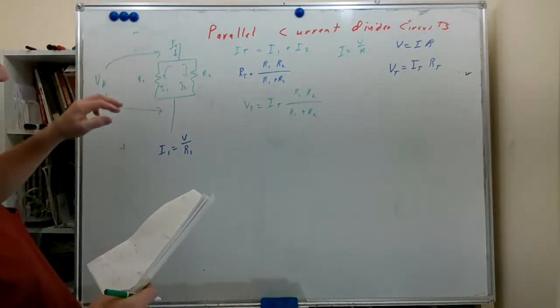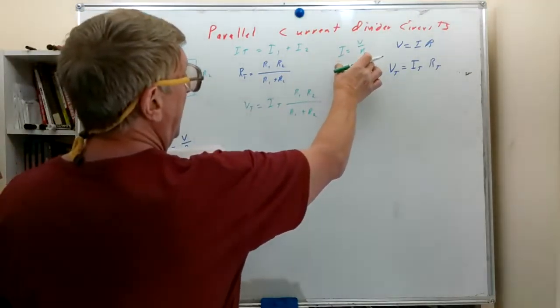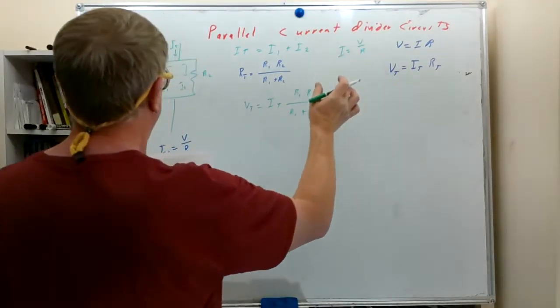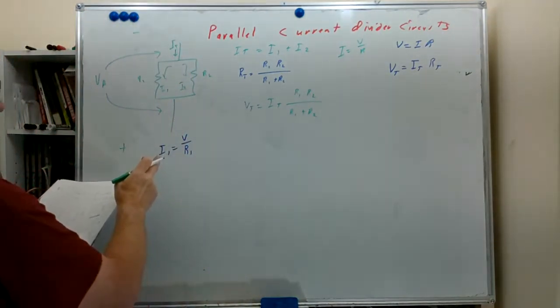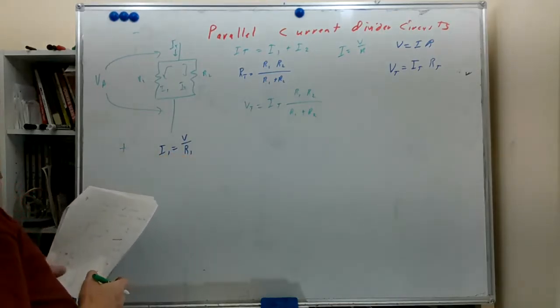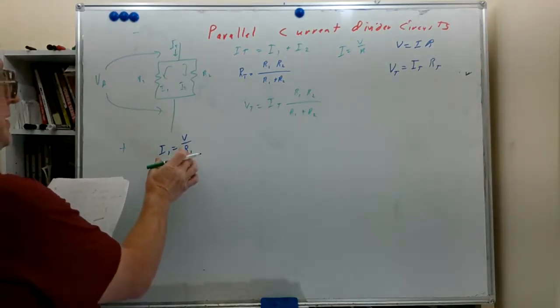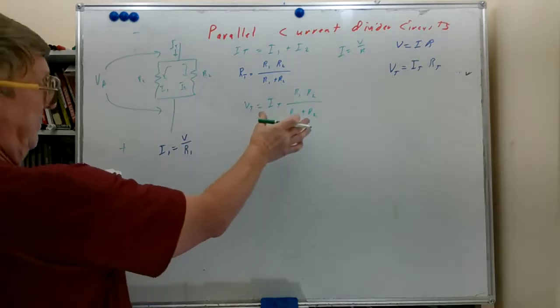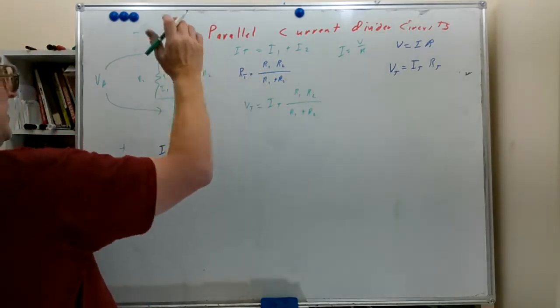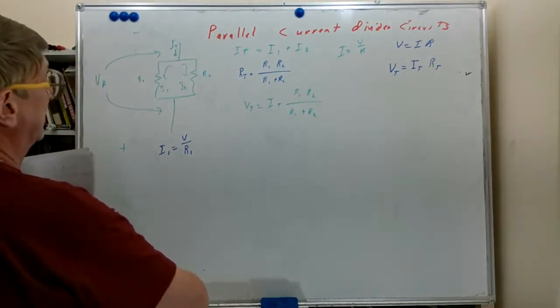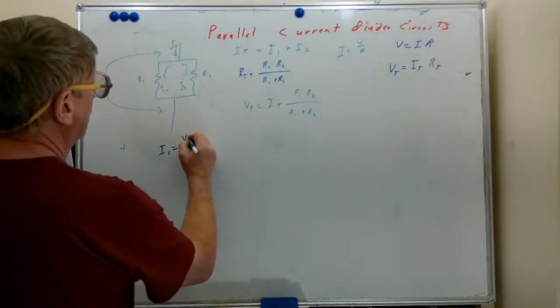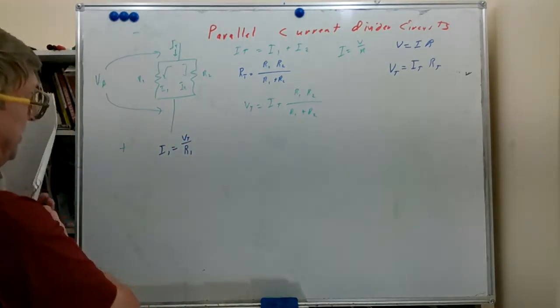We're interested in finding I1. We have I equals V divided by R1. So I1 will be V divided by R1. Here we have Vt, the only voltage we're going to have in this particular circuit, so let's call it Vt to be consistent.